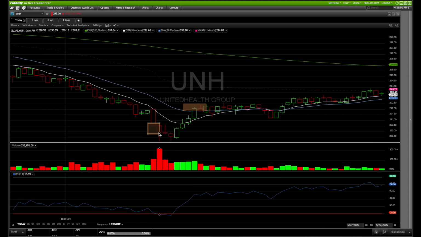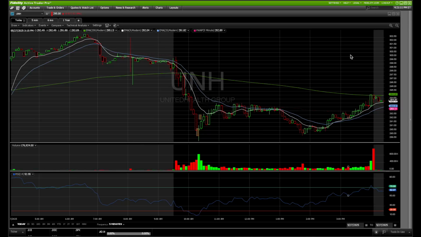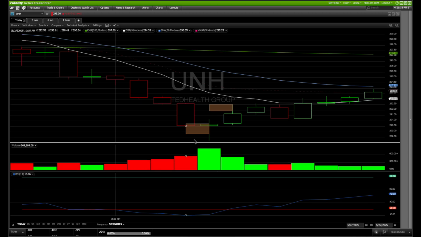So on the 1 minute chart at 10:15, the RSI down here was 21. And then looking at the 5 minute chart, the RSI was 10, which I'm going to show you. So right here, RSI was 10, and on the 1 minute it was 20. So they were lining up, which is multi-alignment is what I'm looking for.